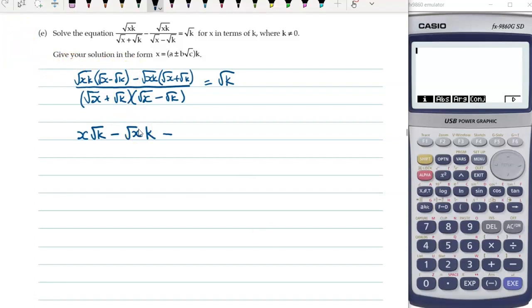Similarly with the next bit, we've got minus x root k and then minus root x k. On the bottom, we've got a difference of squares here, so we've got x minus k.